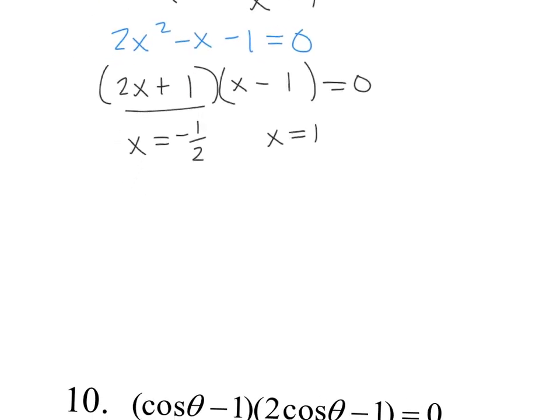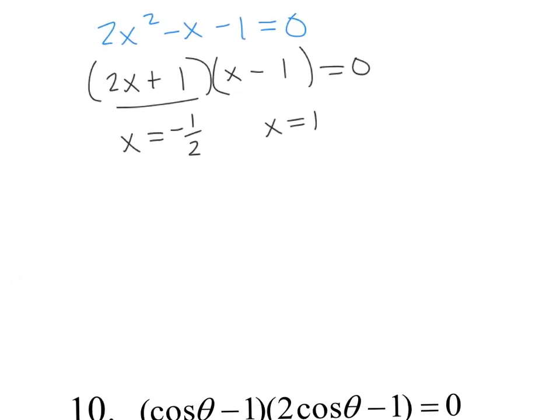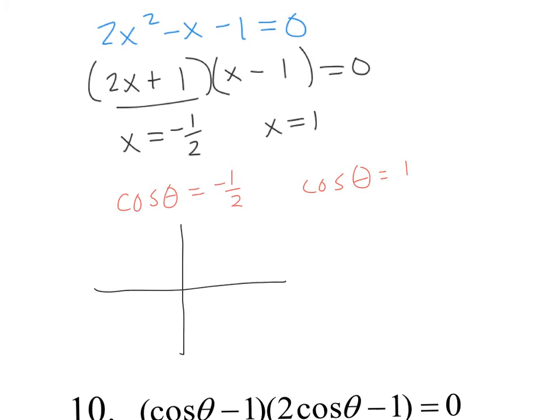So if I substitute back in, remember this was cosine, so cosine of theta equals negative 1/2, and cosine of theta equals 1. So where between 0 and 2 pi does this happen? In my unit circle, cosine is negative over here. This is negative 1/2 when you have this 60-degree angle.